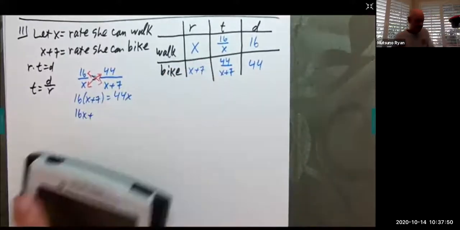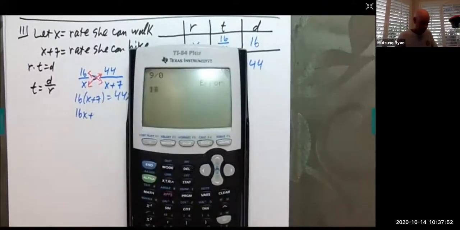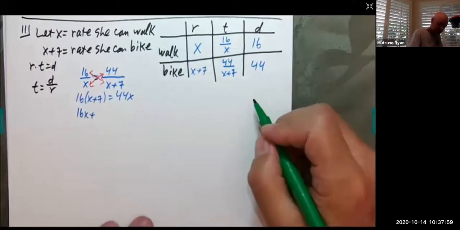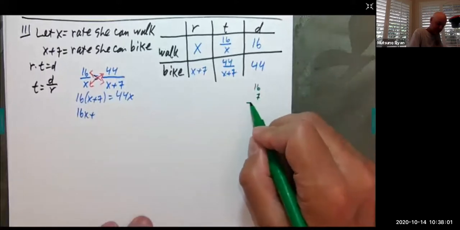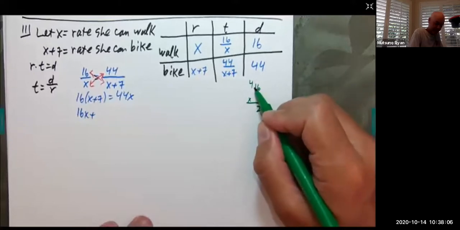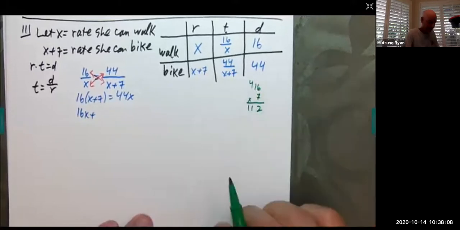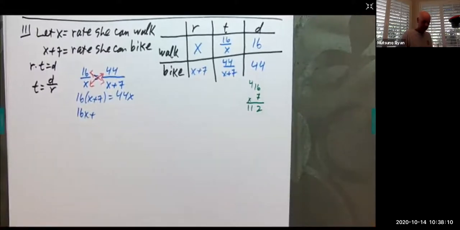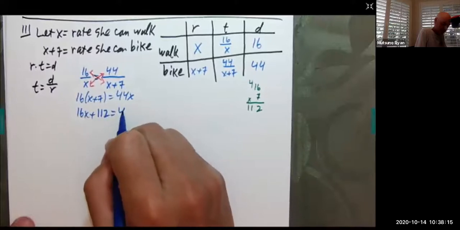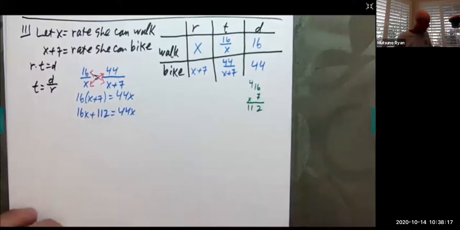And I don't know 16 times 7 off the top of my head. 112. And what I could have done is gone off to the side here. Seven, 8, 9, 10, 11. And there's my 112 again. Maybe you're not allowed to use a calculator, but you can always fall back on what the kids call old school.